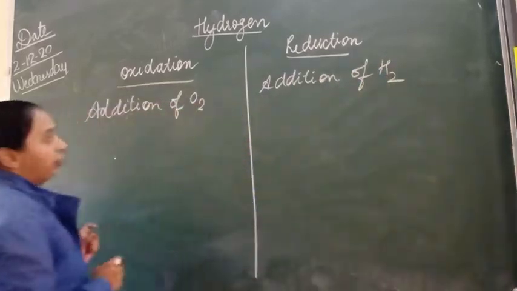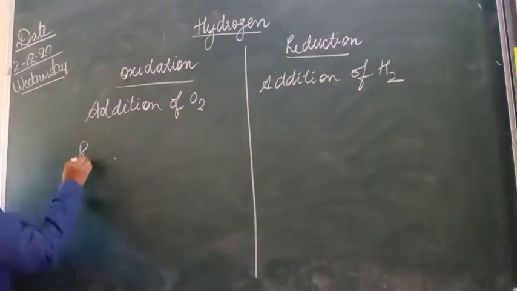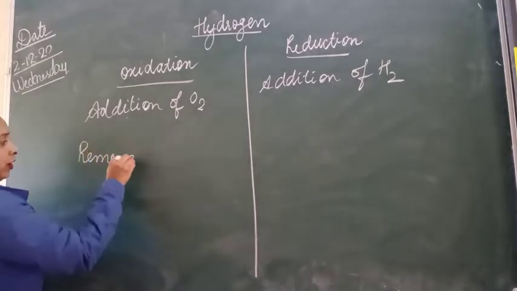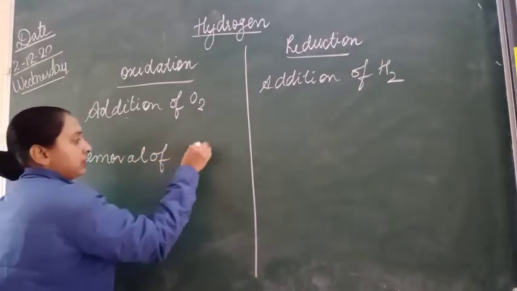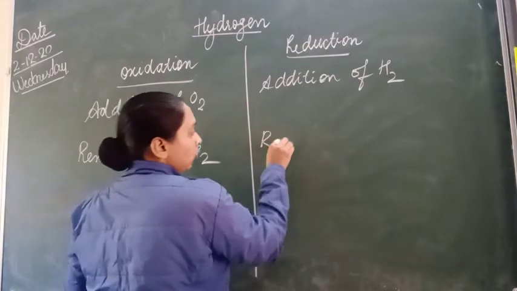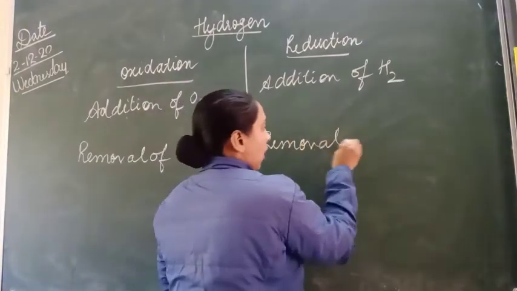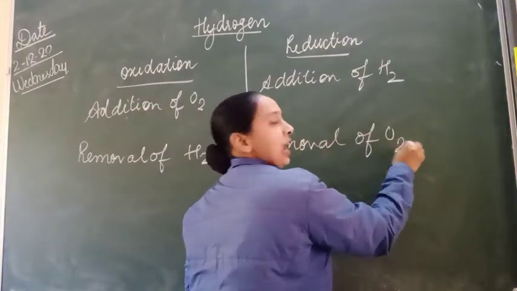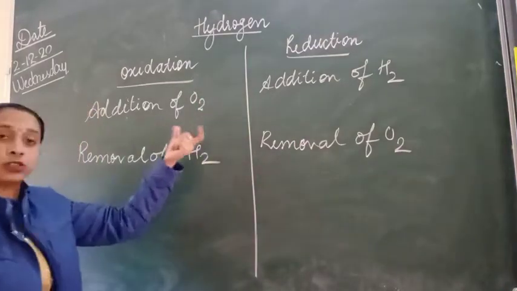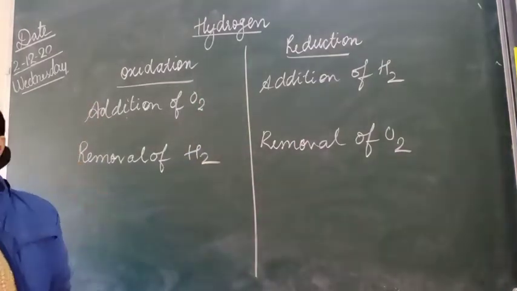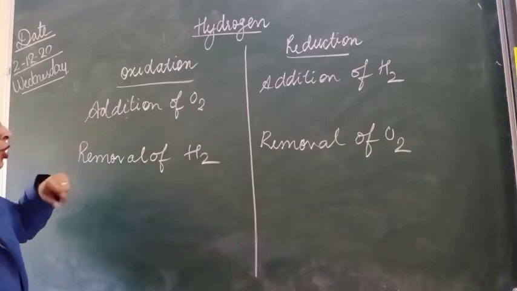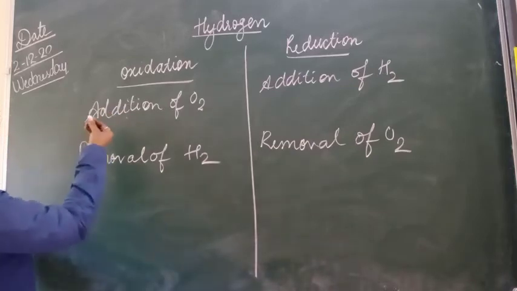Okay, this is the first point. Then you have studied the next point: removal of hydrogen takes place, and here removal of oxygen takes place for oxidation and reduction.